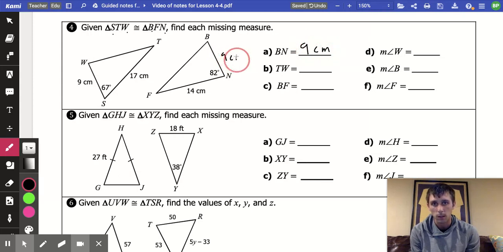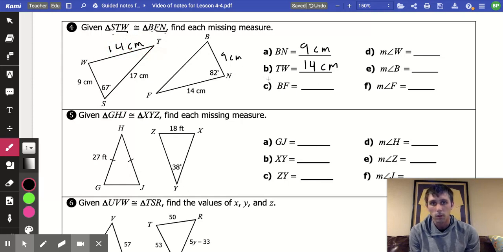Okay, 9 centimeters. Next one is TW. TW is the second and third one in that first triangle. So in the other triangle, it's going to be the second and third one, which is FN. FN is 14 centimeters. So TW is 14 centimeters.